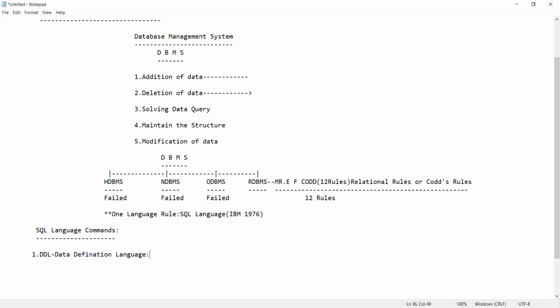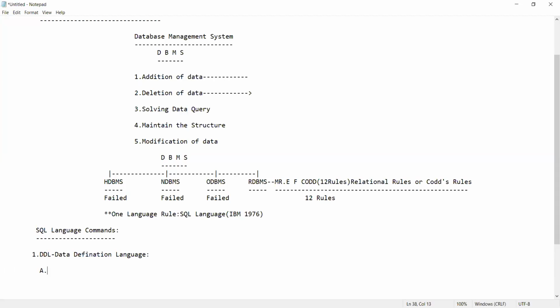According to the DDL, the data definition language, it is used to define the data, for which it provides only three subcommands.